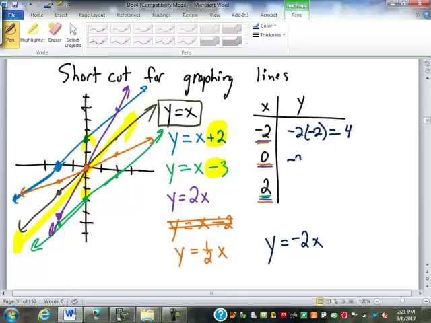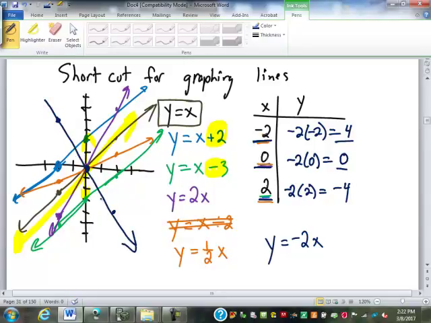Positive 4. What's negative 2 times 0? 0. And negative 2 times 2? Negative 4. So again, we get ordered pairs. Negative 2, 4. That's here. 0, 0 are still going through the origin. And 2, negative 4. So that line does go down as we go from left to right across the graph.